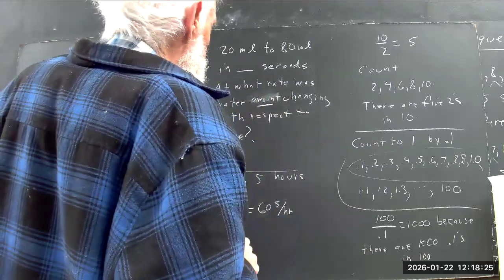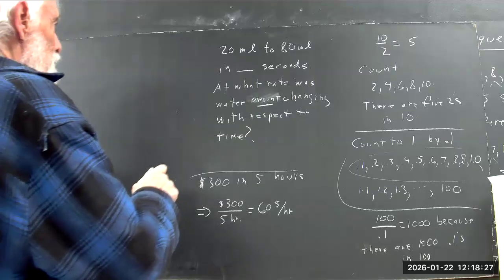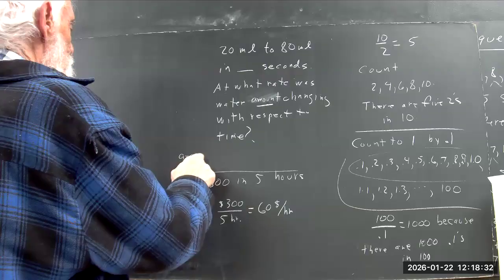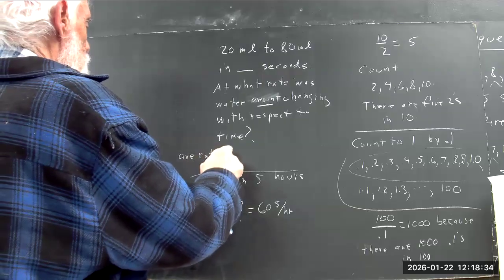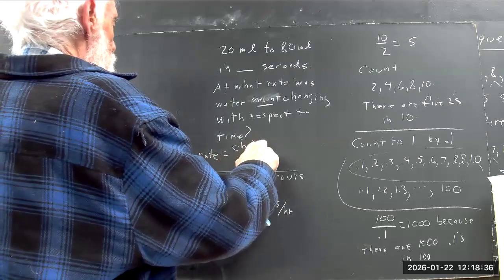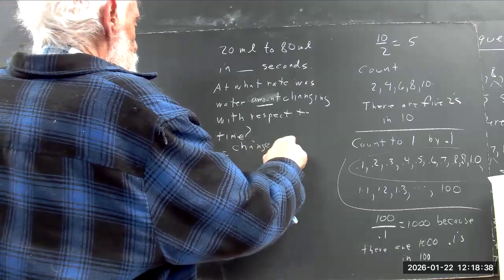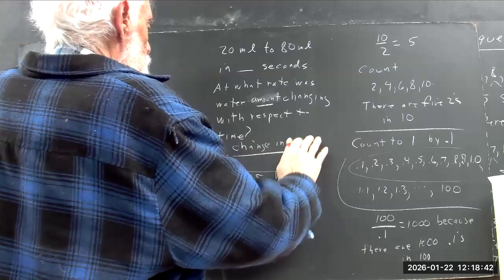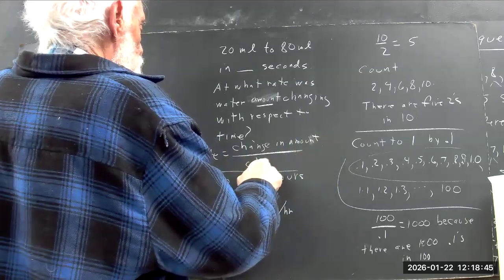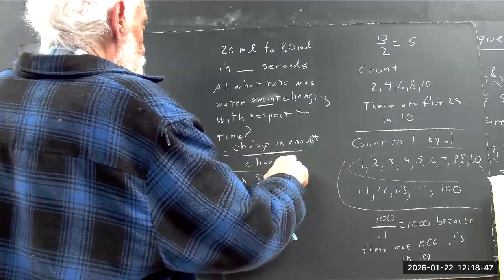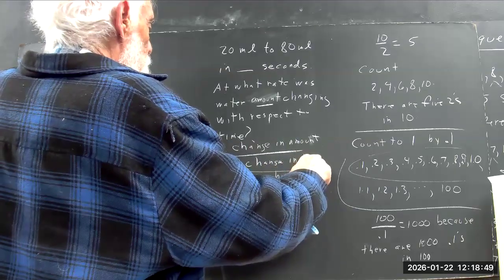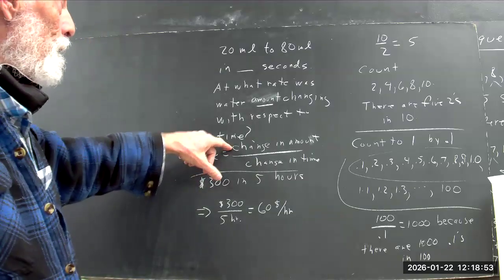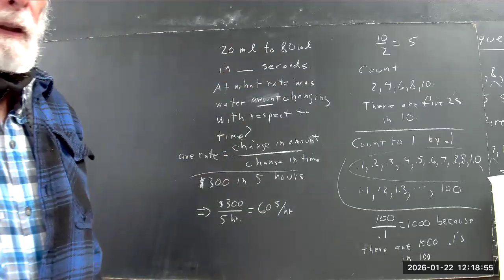I'll say water amount changing with respect to time. Average rate is a change in the amount over the change in time. The change in the amount was 60 milliliters, right?